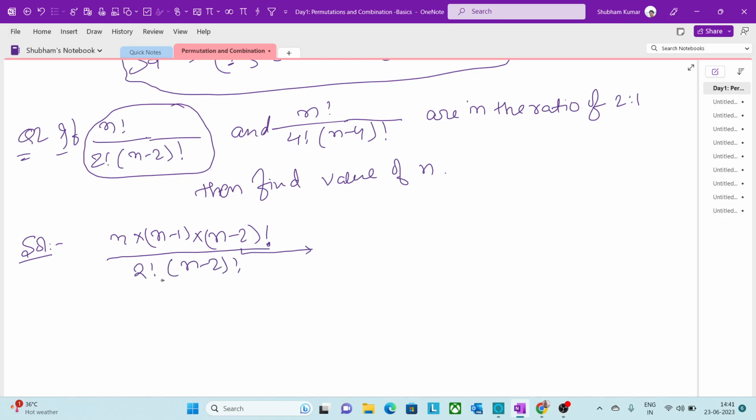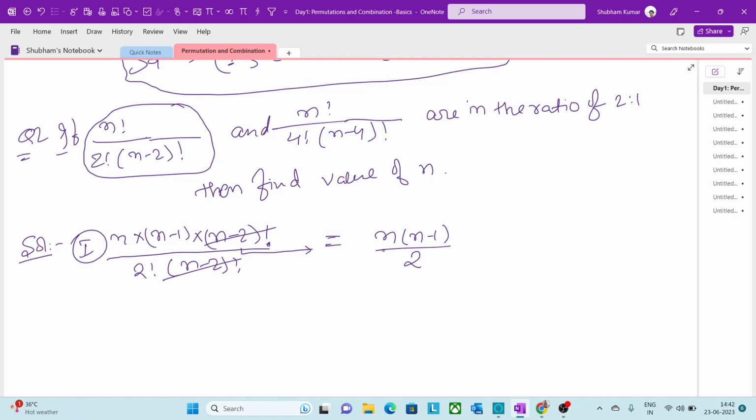So these things will be cancelled out, and this would ultimately give me n into n minus 1 by 2, because 2 factorial is nothing but 1 into 2, so this will be 2. So this simplifies my first part.